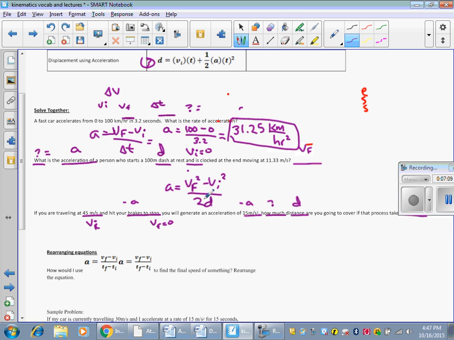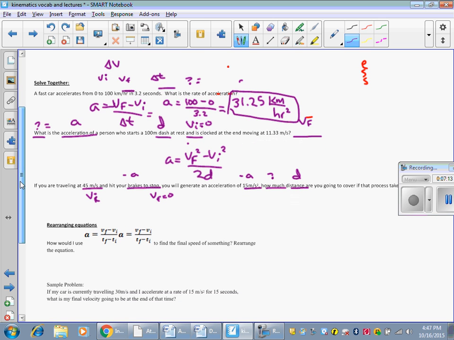Okay, I'm going to work this out without moving any letters around, okay? The next one I'll work out by moving letters around, okay? All right, let's see. What's my acceleration? We don't know. It says what is the acceleration? So I'm going to go ahead and say acceleration equals, what's my velocity final? That's my velocity final, right?